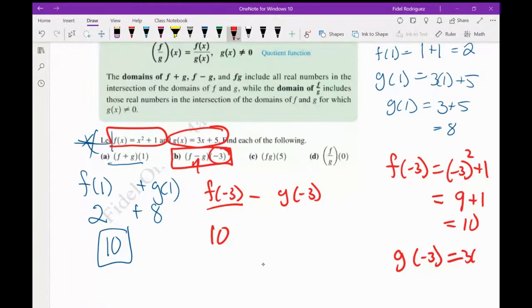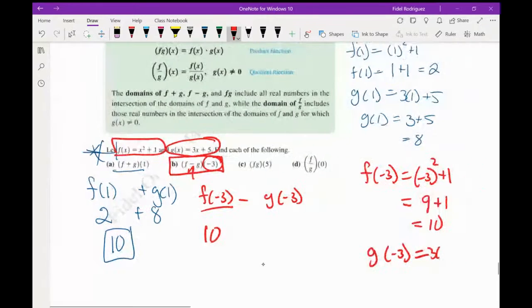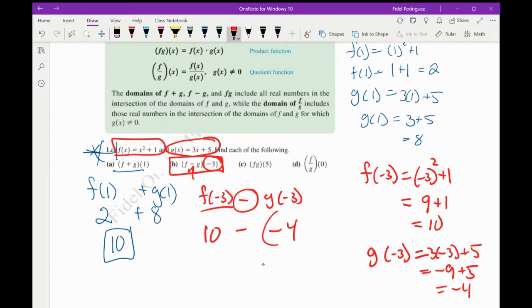And I'm going to say that's 3 times negative 3 plus 5. So that's negative 9 plus 5. That is a negative 4. What do we say we're doing? We're subtracting. But remember, minus and minus makes it plus. So my answer here is 14. You see what I'm doing?